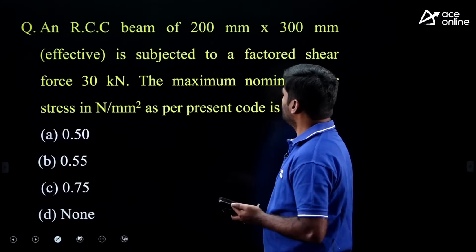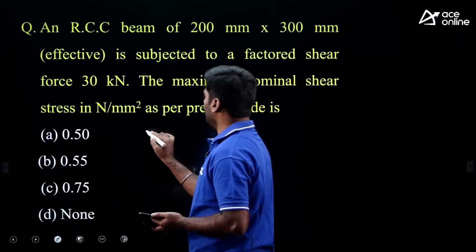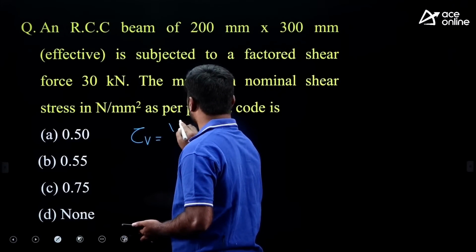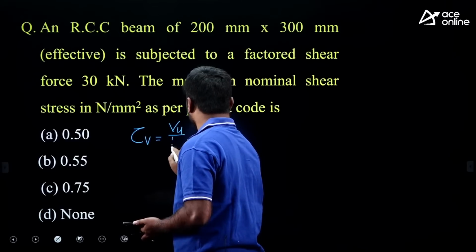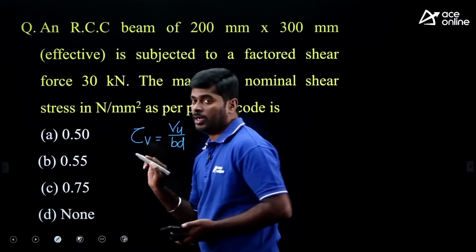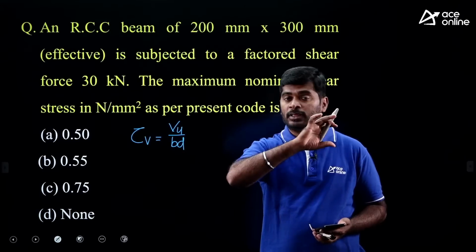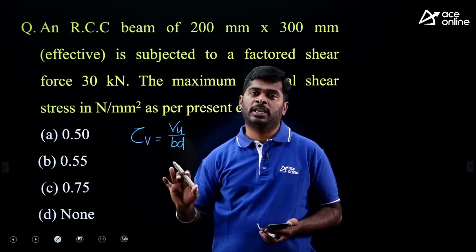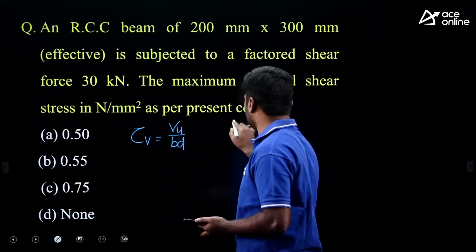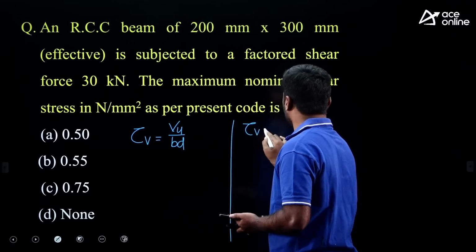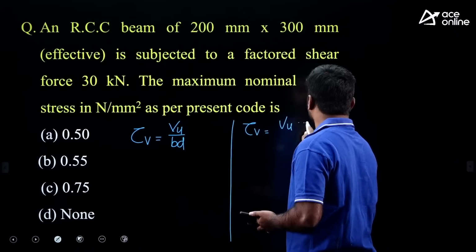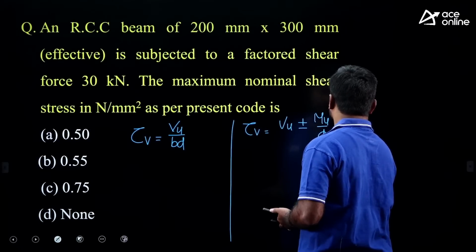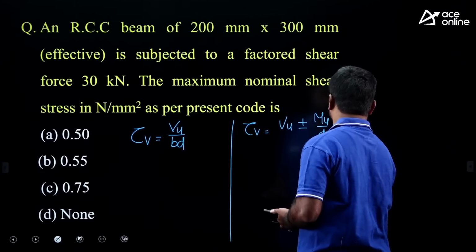Okay. See, my dear, they are asking nominal shear stress, tau V. Tau V equal to Vu upon bd. This formula we can write if the beam has uniform depth. If the beam has varying depth, we have to use another formula, that is tau V equal to Vu plus or minus Mu upon d times tan beta upon bd.